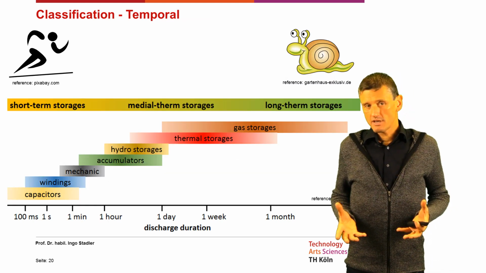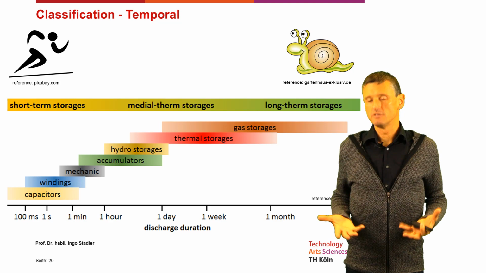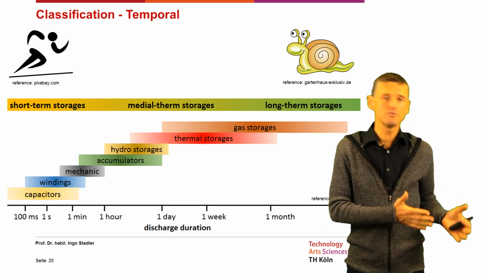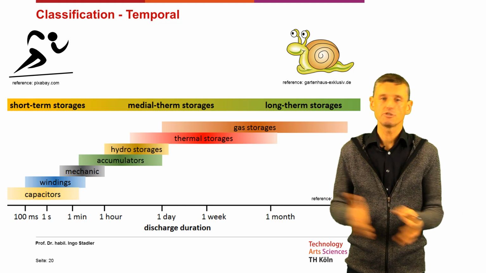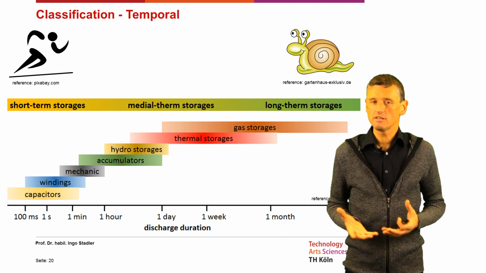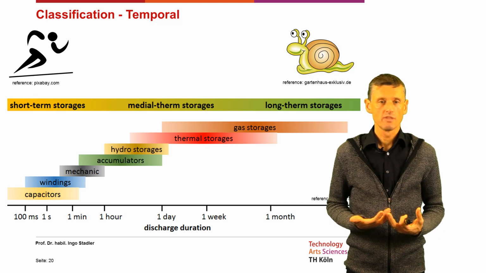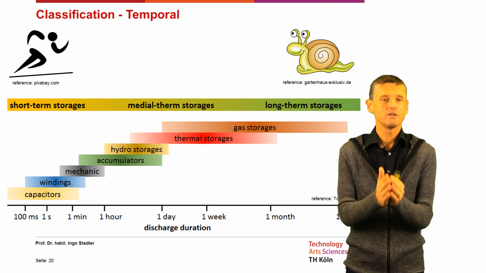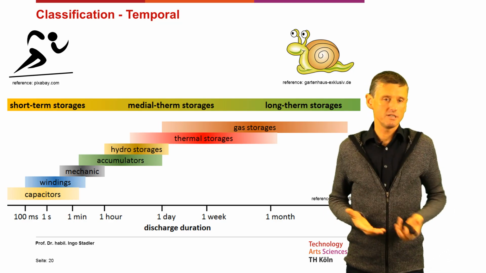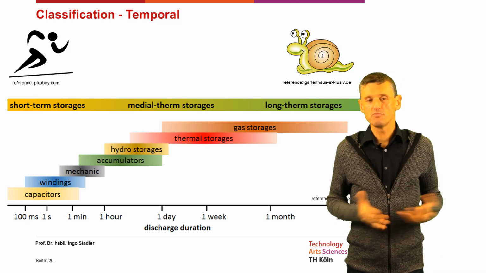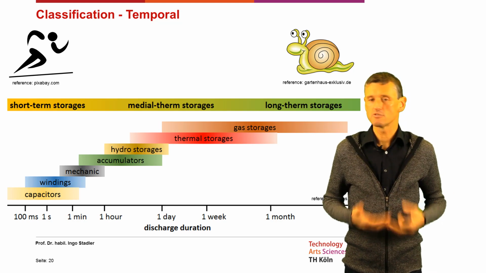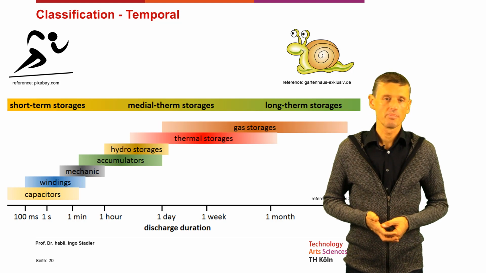Then we compare them on a temporal state. And there we talk about short-term storages, medium-term storages and long-term storages. Even there is not really a definition where is the barrier between short and medium and long. Typically only in the range of milliseconds to seconds is what we have capacitors, superconducting coils.